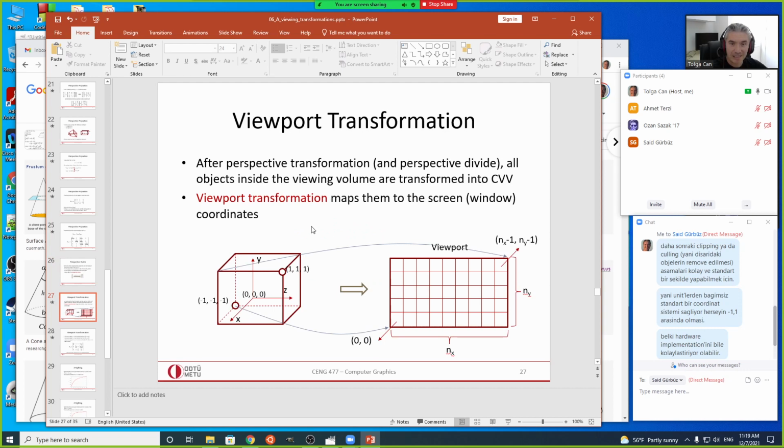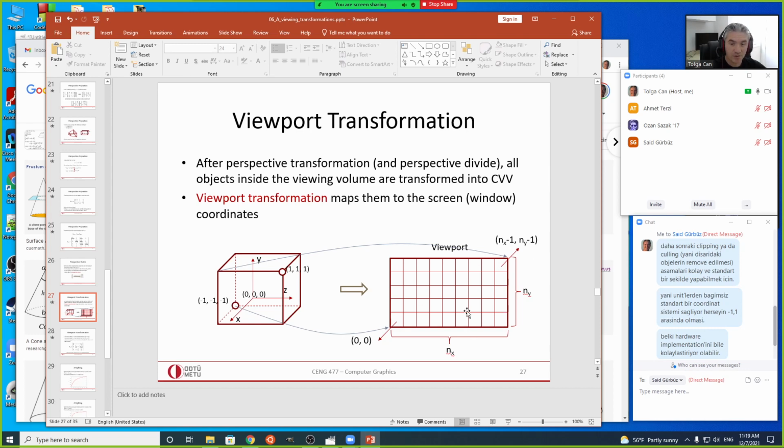The last thing that is done is something actually very simple, which is called viewport transformation. Now the standardized coordinates, which were between -1 and 1, are converted to pixel coordinates, where the lower left of your image window will have the pixel coordinates 0, 0, and the upper right corner of your viewport will have the coordinates nx -1 and ny -1.